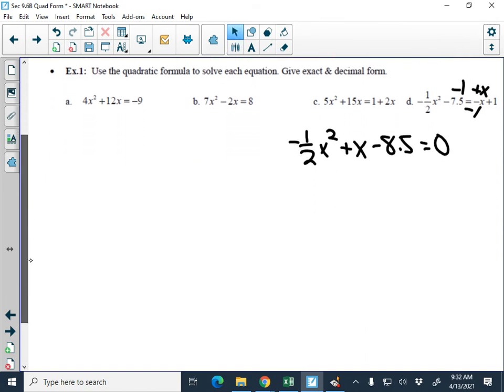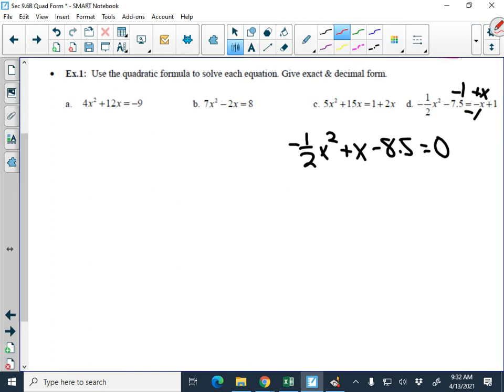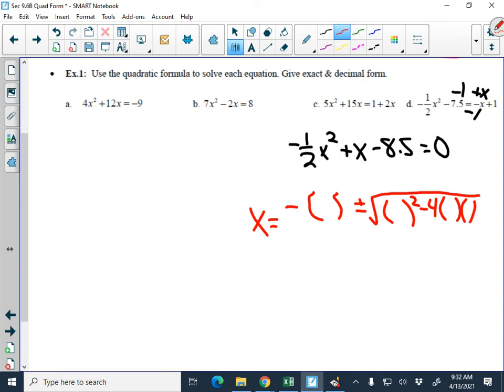This one will be a little bit tricky. X equals negative B plus or minus the square root of B squared minus 4AC all over 2A.